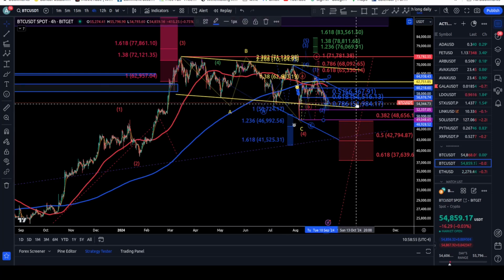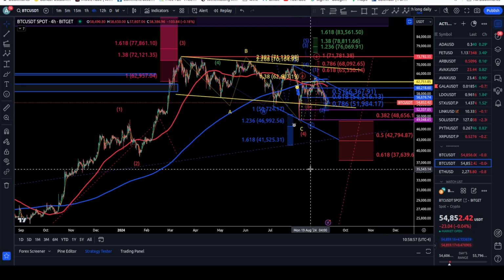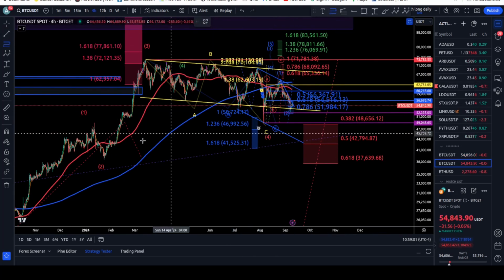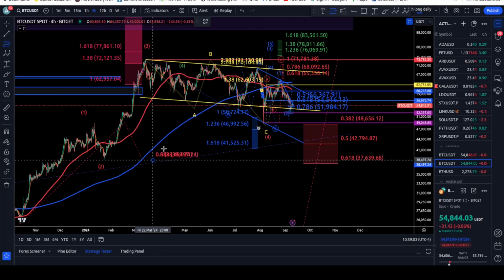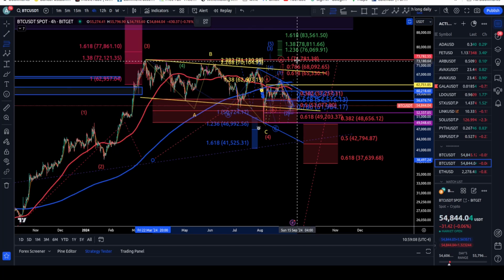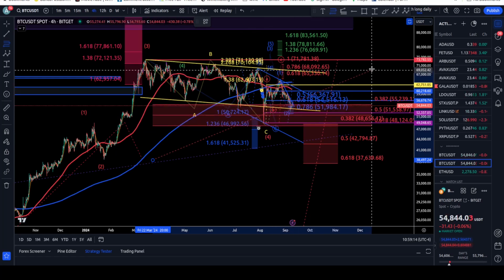Let me, okay, that I cannot move. I just wanted to do the fib retracement and see if we already got invalidated for this 4th wave. So we're still good. Now I know it's messy.